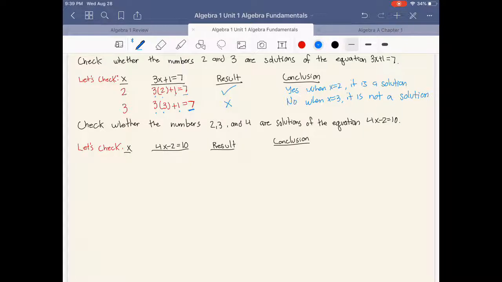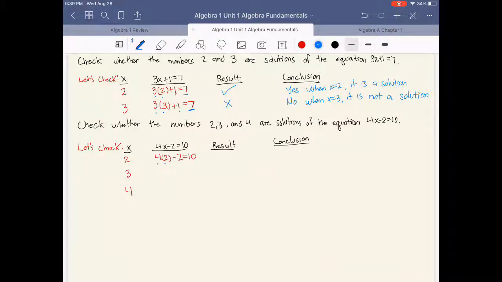Okay, so check whether the numbers 2, 3, and 4 are solutions of the equation 4x minus 2 equals 10. So you're going to replace x with what numbers? 2, 3, and 4. When we replace x with 2, 4 times 2 minus 2 equals 10. Follow along. 4 times 2 equals 8, minus 2 is 6.